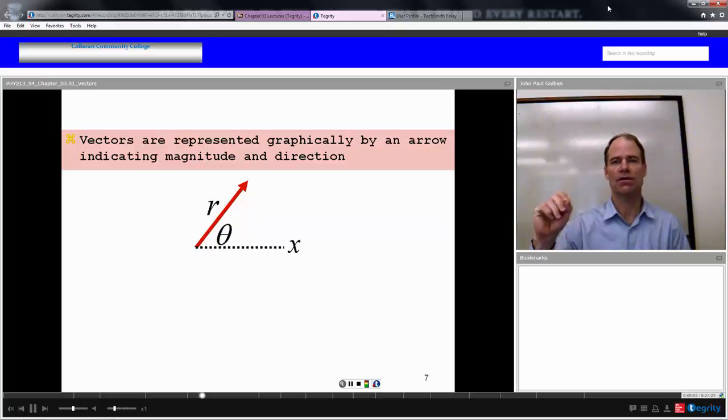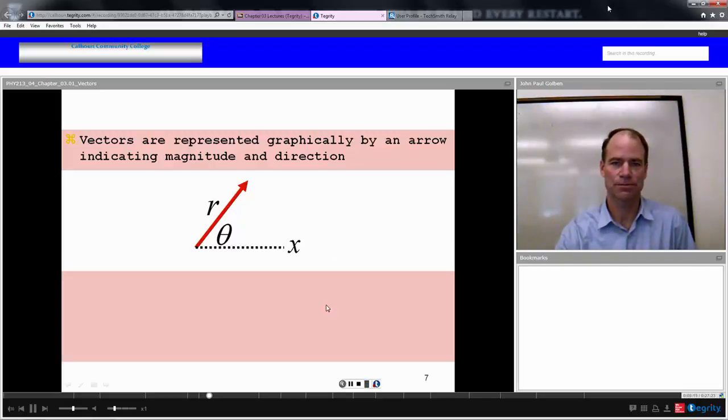The length of the arrow gives us the magnitude, and the direction of the arrow from some reference point, in this case the positive x-axis, gives us the direction. So it's like a polar coordinate. You have a magnitude and an angle, and that is representing our vector.